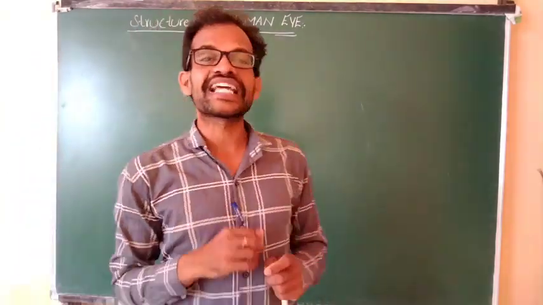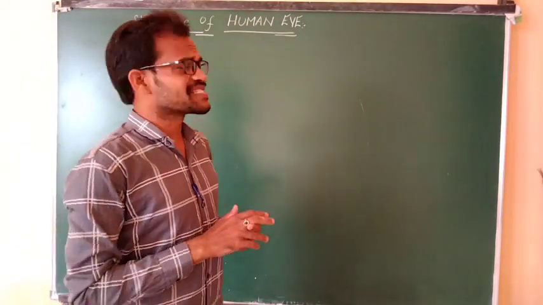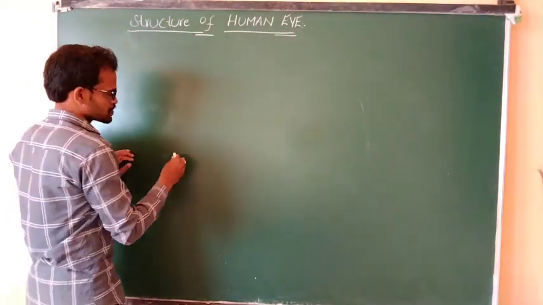After that, you can easily understand what parts exist in the human eye. See here.